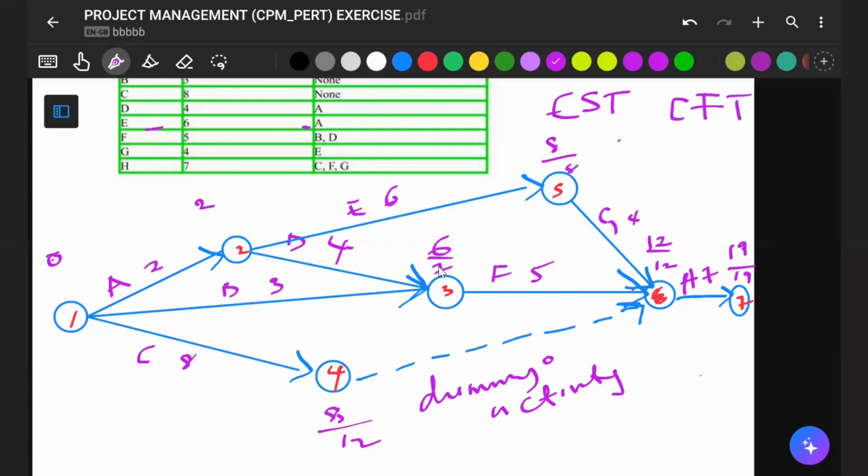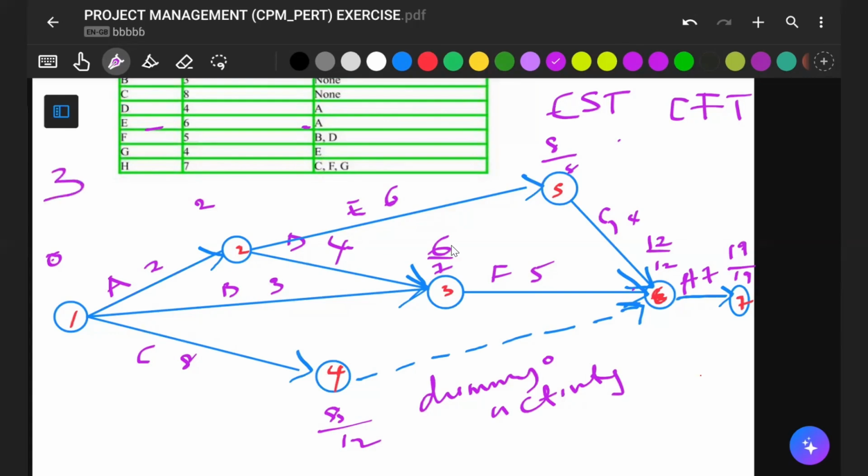Now 7 minus 4 gives us 3. But watch out: there are two activities that proceed from here. So just write it down, this is 3.